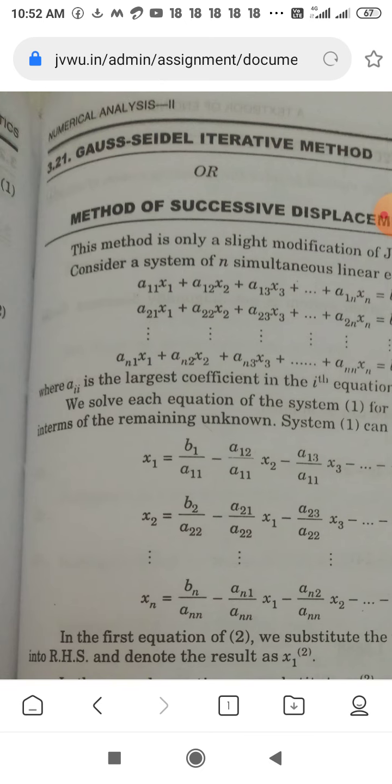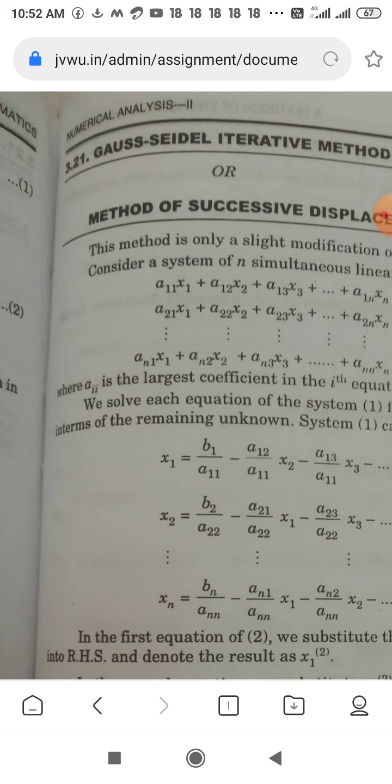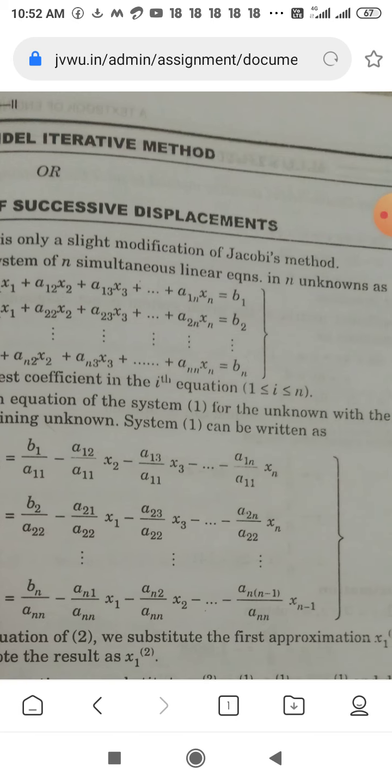Then an1 x1 plus an2 x2 plus an3 x3 plus dot dot dot ann xn is equal to bn. These are the system of linear equations where aij is the largest coefficient in the ith equation, i in between 1 to n.